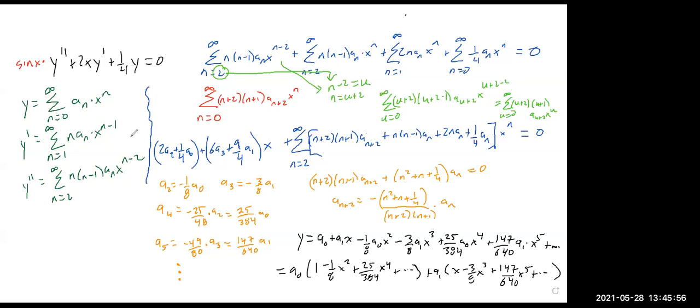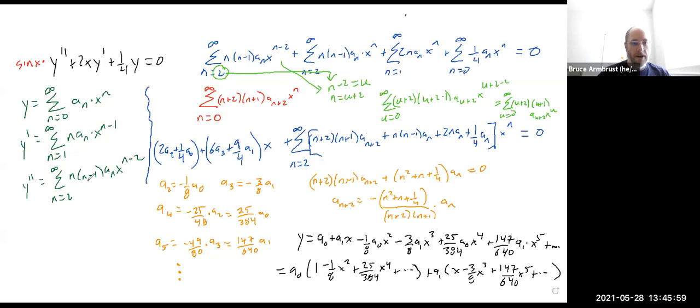So I would start exactly the same way with my y's. My y is the sum of a sub n x to the n, get the derivatives. And then when I go back and punch it in to multiply, the last two here are going to be the same because they came from the 2x and the 1/4. But what would change here, let's erase this for a second.